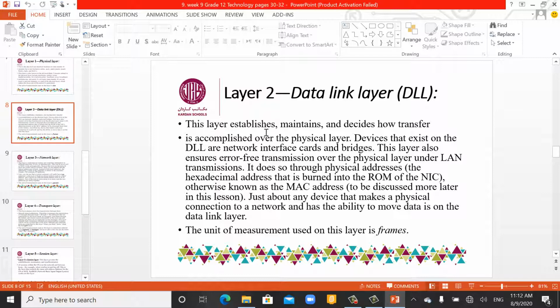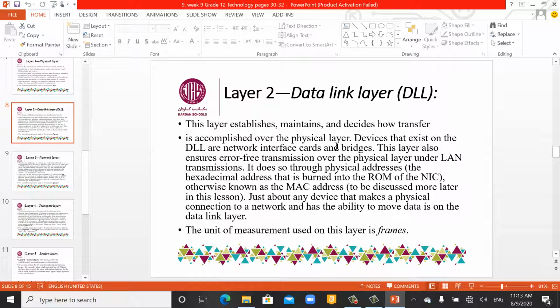This layer establishes, maintains, and decides how transfer is accomplished over the physical layer. Did you get the main idea? That this layer establishes, maintains, and decides how transfer is accomplished over the physical layer.